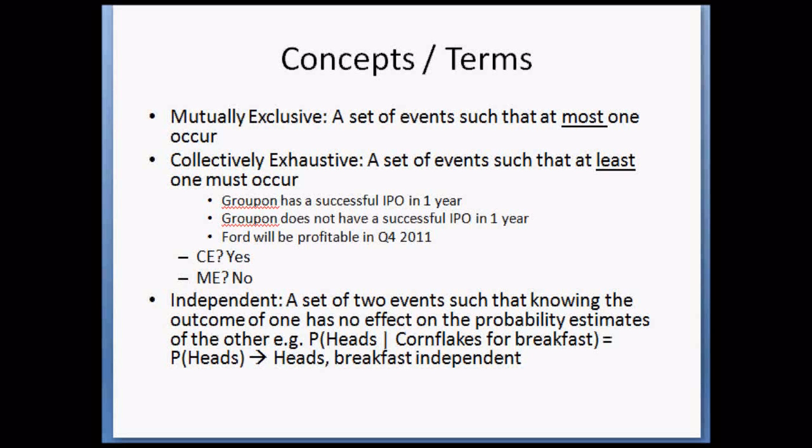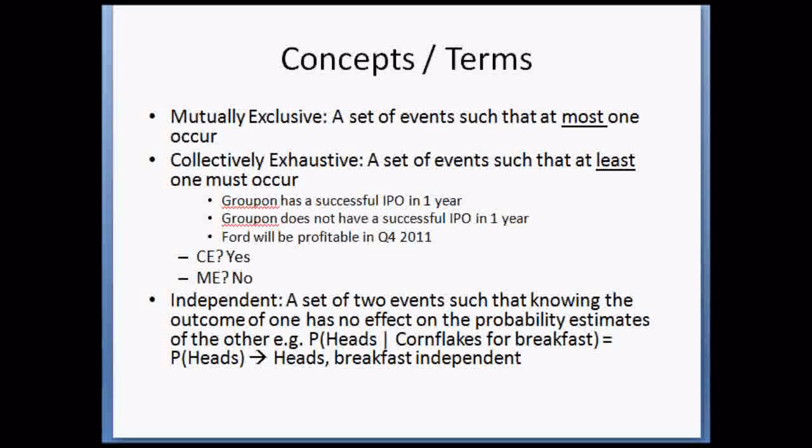Similarly, think about flipping a coin and my breakfast. Certainly we would learn something about the world if we knew that I had cornflakes for breakfast, but it wouldn't affect the chance of getting a heads. So we would say that the probability of getting heads and the probability of me eating cornflakes are independent. They don't influence each other.